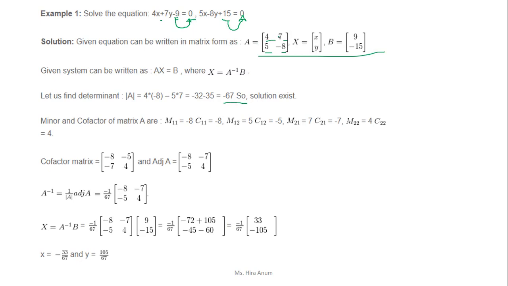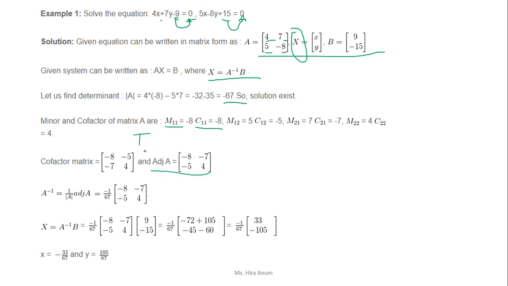Now you have to find the value of x, so you have to use x equals A inverse B. You can see the determinant of A exists, so you take minor values, then you find cofactors, then you take the transpose of that matrix.